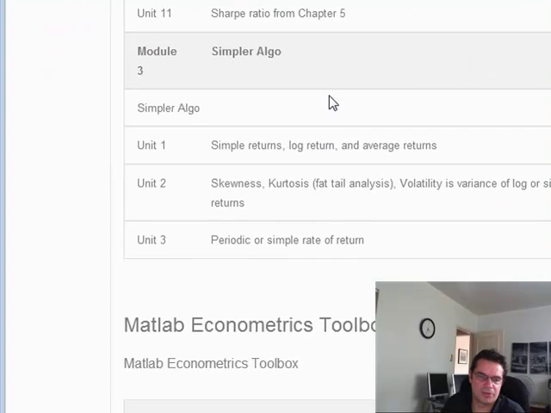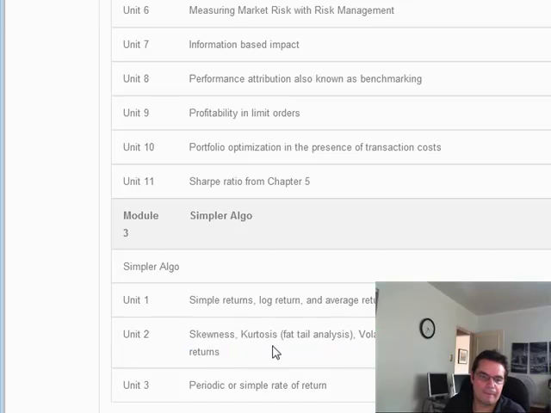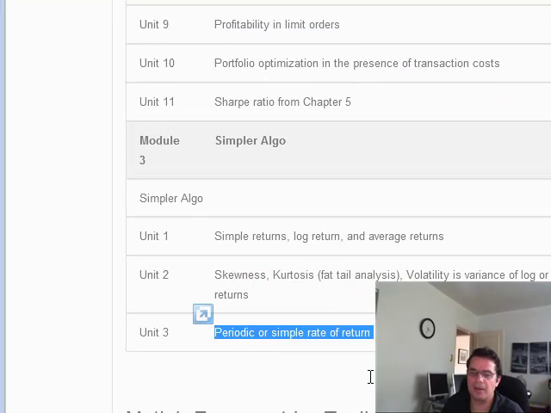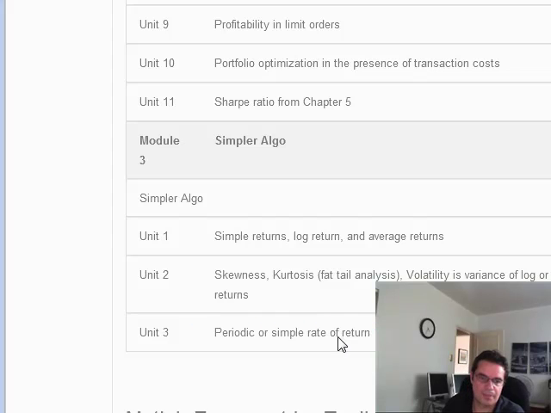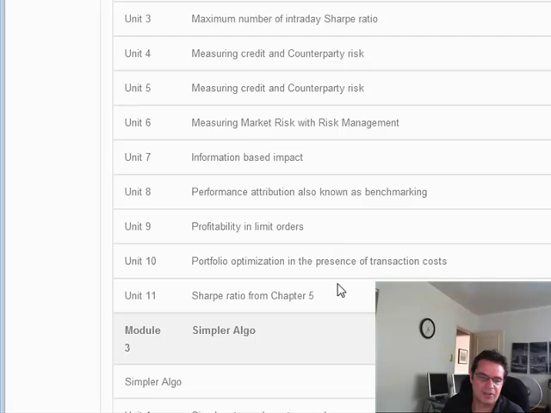The simpler algos are just simple things like simple returns, log returns, average returns. For options, learning about skewness, kurtosis, volatility, variance of log and simple returns. Now, kurtosis is no different than doing fat tail analysis when you listen to a lot of market analysts. And then we go on about periodic or simple rate of return. That's all the simple stuff.